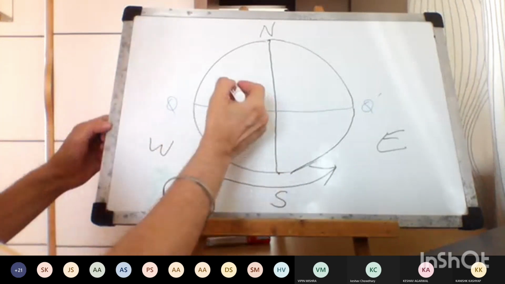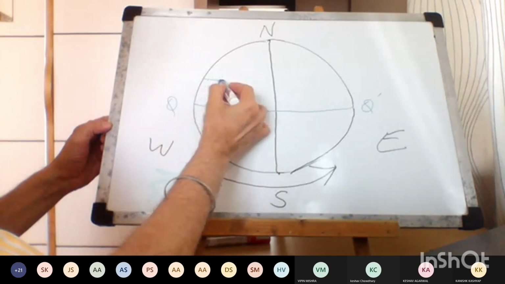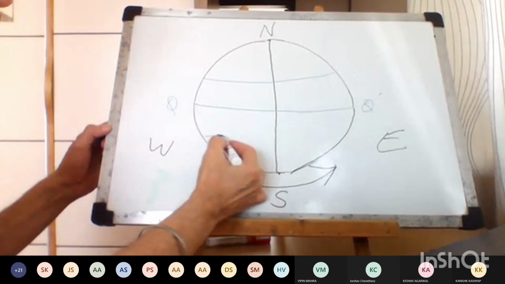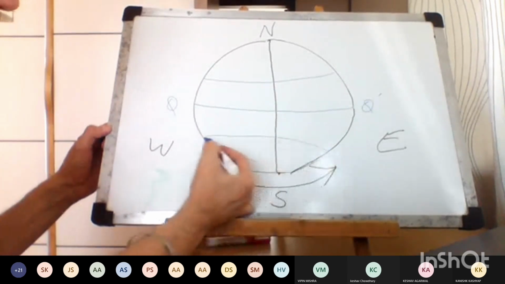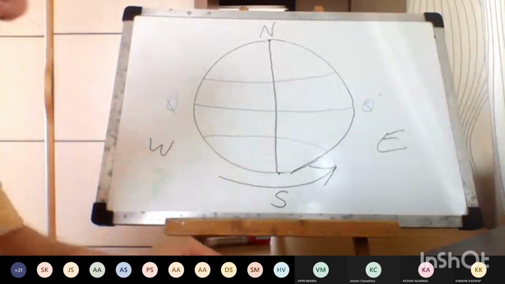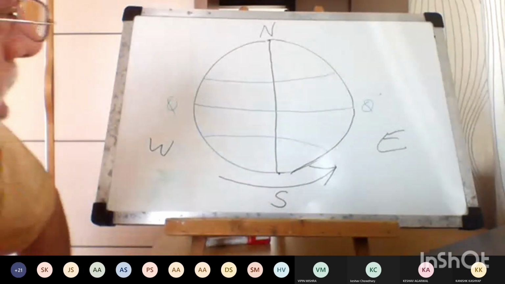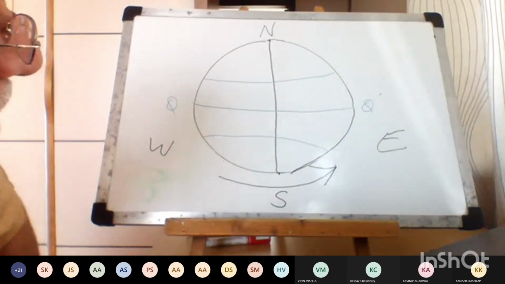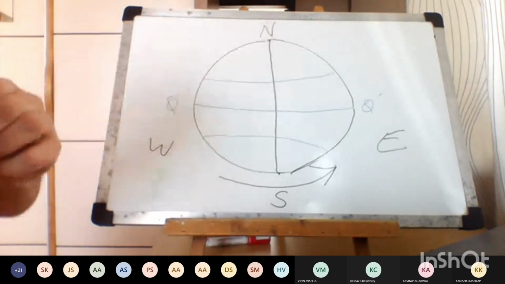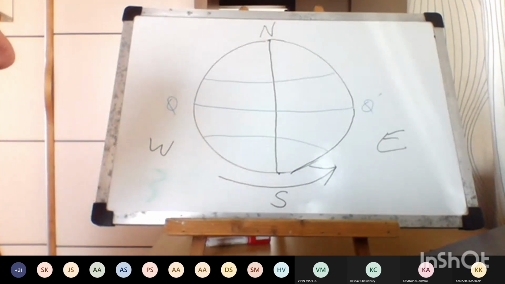I will draw one more line parallel to this and one more line parallel to this. What are these lines? Parallels of latitude. The northern latitude, you can see it's curving like this. Southern latitude, I have made it curve like this intentionally.